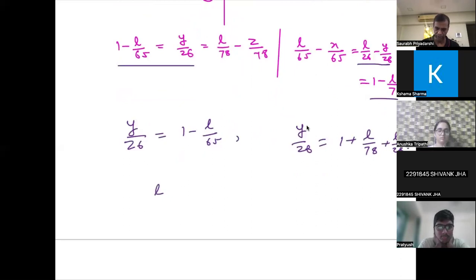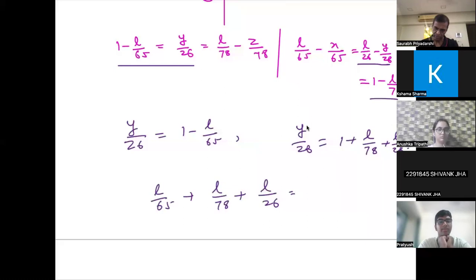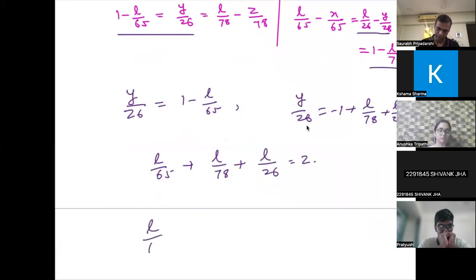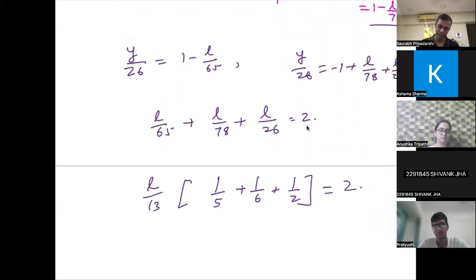Equating both of these, you are getting L by 65 plus L by 78 plus L by 26. This is the minus one, right? So this will be 2. So L by 13 is common out. So L we are getting 30.